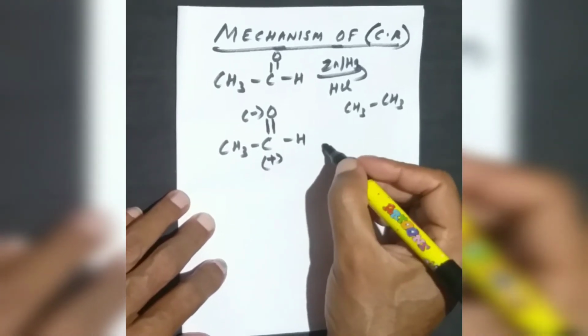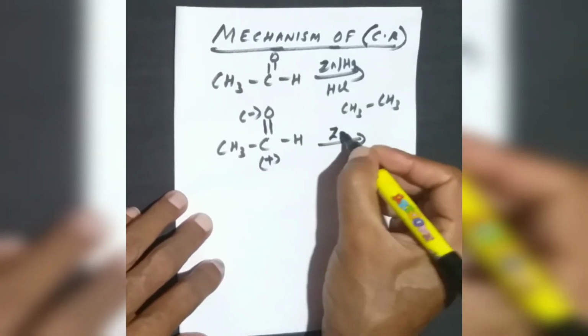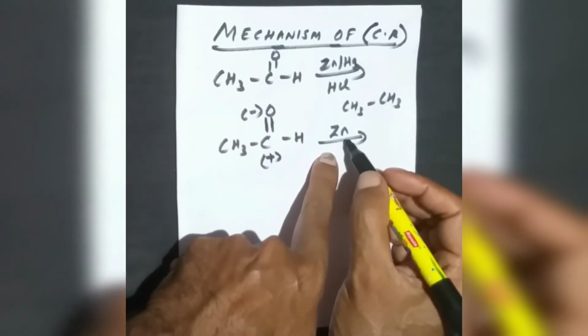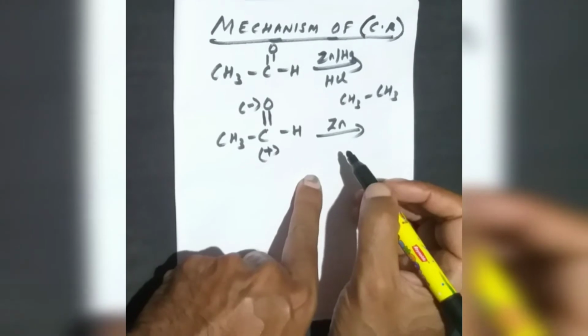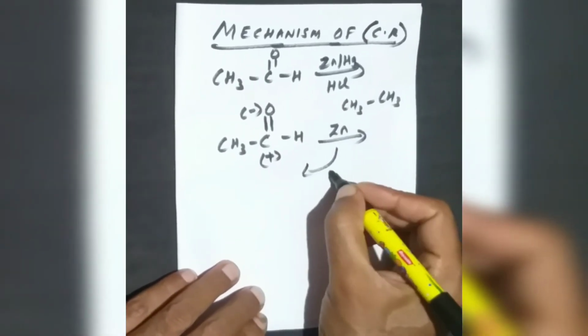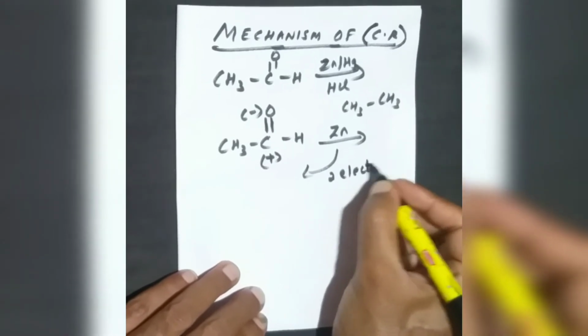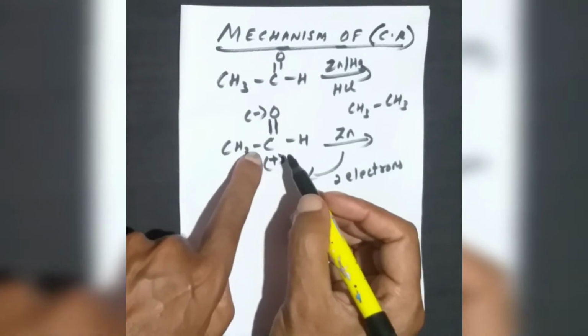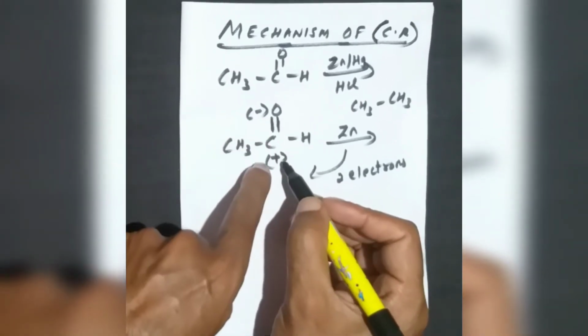Now zinc is an electropositive element, a metal, and it will always donate electrons. Zinc has valency 2, so it can donate 2 electrons. Here the carbon has lost 1 electron, which is why it has a positive charge.